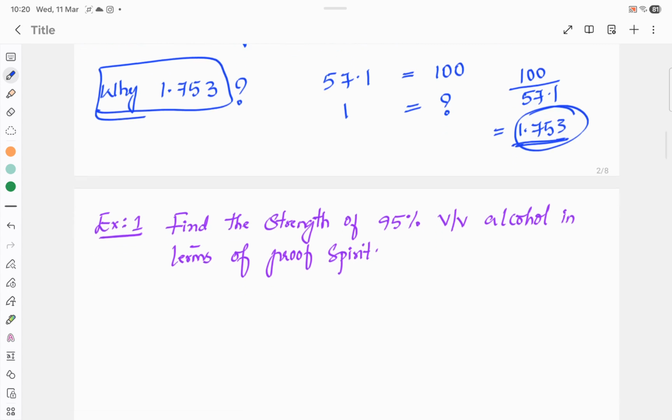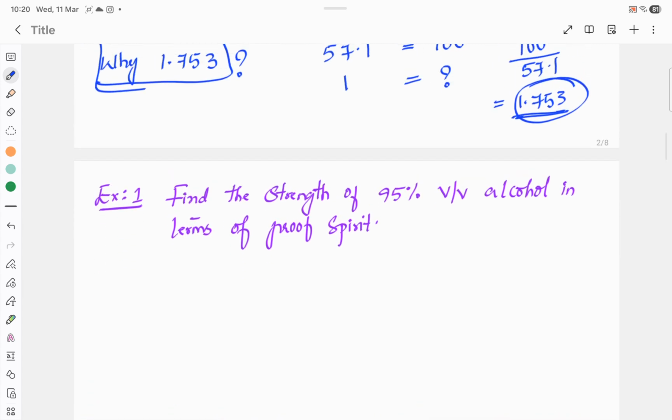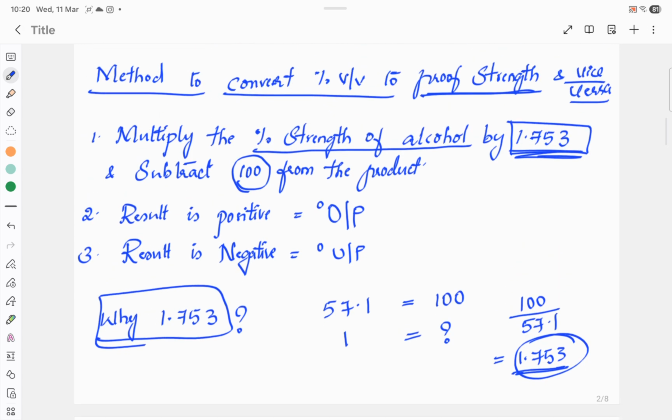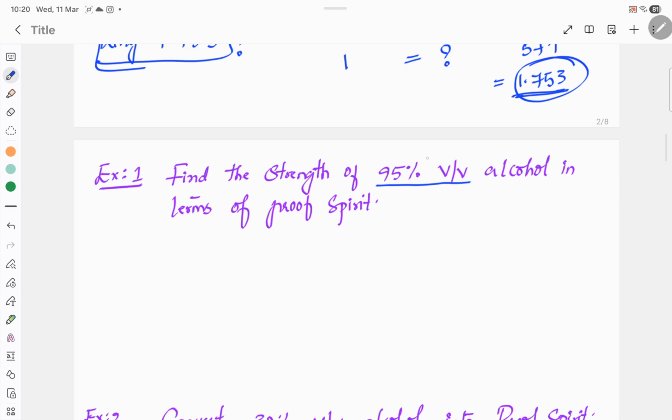Let us see one example. The first one is: find the strength of 95% volume by volume alcohol in terms of proof spirit. You have the formula: percentage strength of alcohol multiplied by 1.753 minus 100. The percentage strength here is 95, so 95 multiplied by 1.753 minus 100.